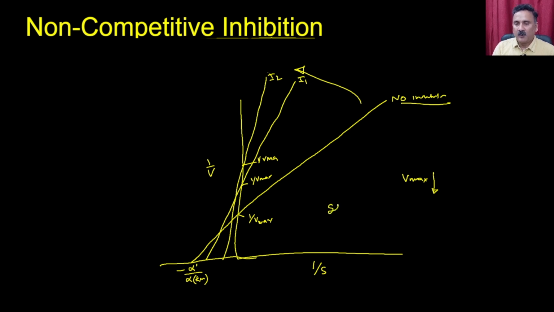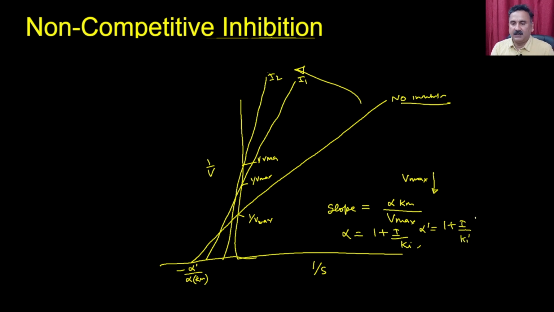So the slope of this curve is going to give you the information about alpha Km divided by Vmax. Okay, and remember that alpha is 1 plus inhibitor by Ki, whereas alpha prime is 1 plus inhibitor divided by Ki prime.